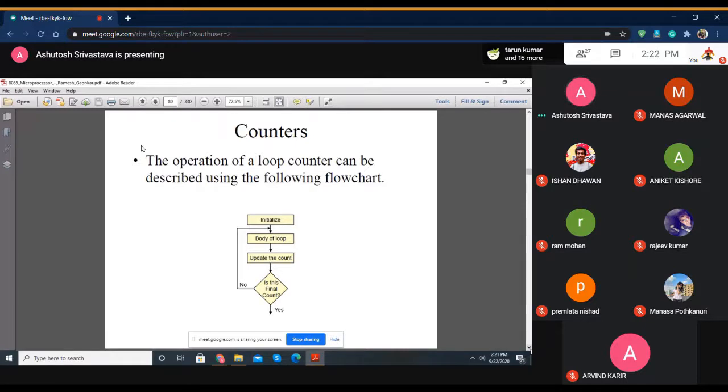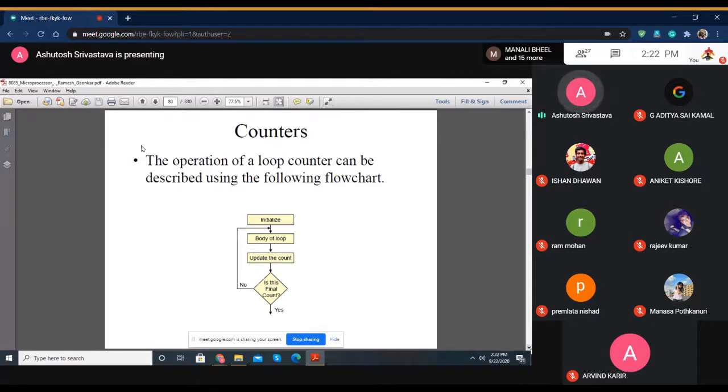So in the counter, you have some initial condition, then you have this making you jump to a particular subroutine, which is basically a kind of a body of a loop, and it updates the count after it goes through one set of that loop.